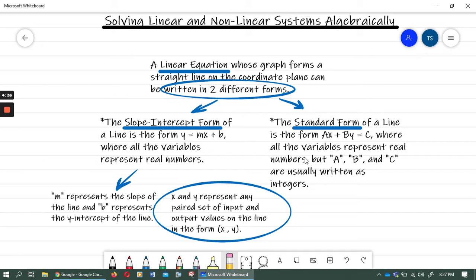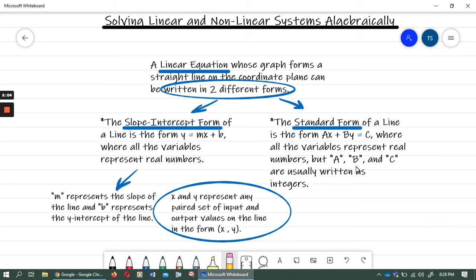The standard form of a line is the form ax plus by equals c. In that form, all of the variables represent real numbers. The x and the y will still be written as variables, but A, B, and C are usually written as integers.